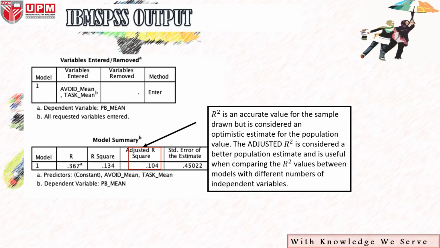It is very useful in comparing R-squared values between models with different numbers of independent variables. For example, if another similar study differs in the number of IVs, they would probably prefer to compare based on the adjusted R-squared rather than the R-squared.